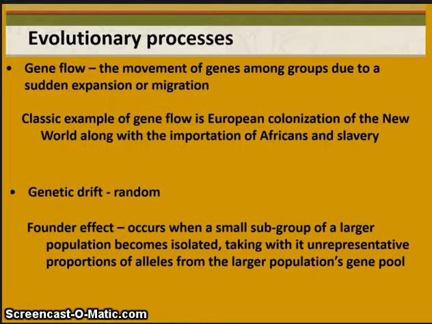One good example of genetic drift is what we call the founder effect, and this occurs when a small subgroup of a larger population becomes isolated, taking with it unrepresentative proportions of alleles from the larger population's gene pool. So this means that alleles become more prevalent than they would in the larger population because they were founded by this small population that's become reproductively isolated.